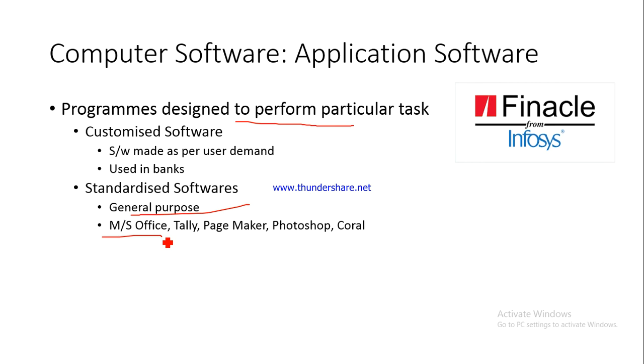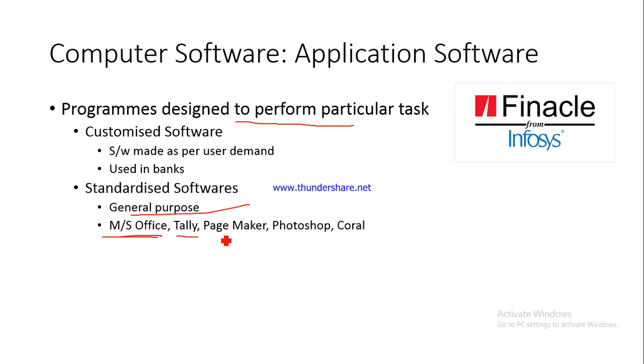So let's say you are using Windows Vista, or the 2009 version of MS Office, wherever you are sitting, whichever computer system you have, the 2009 version would be the same for all. So that is what we mean by standardized softwares, general purpose. Now MS Office, then we've got the Tally software which is used as an accounting software.